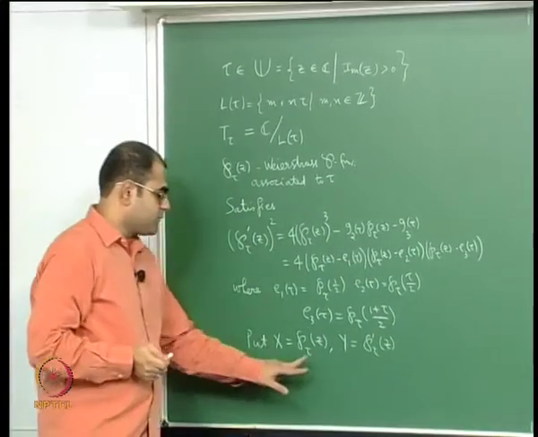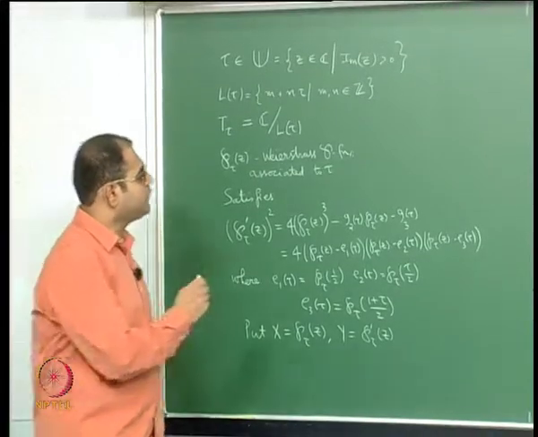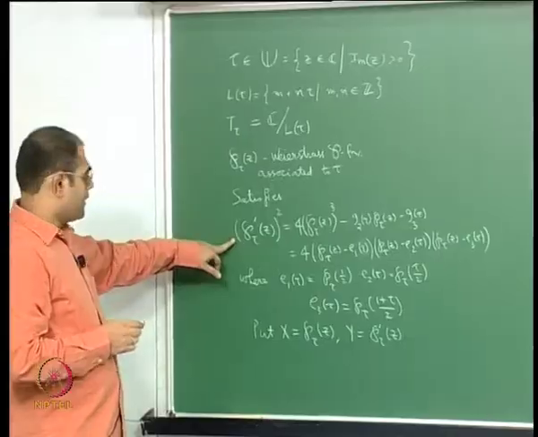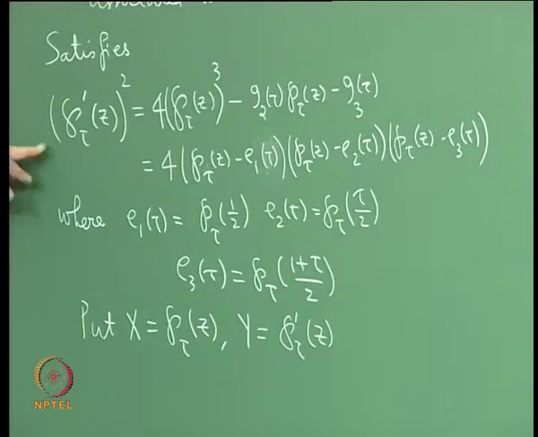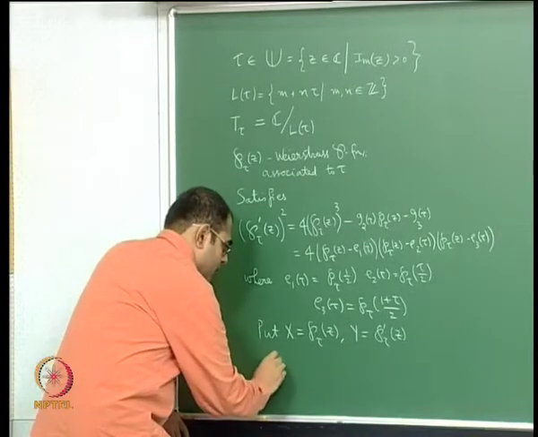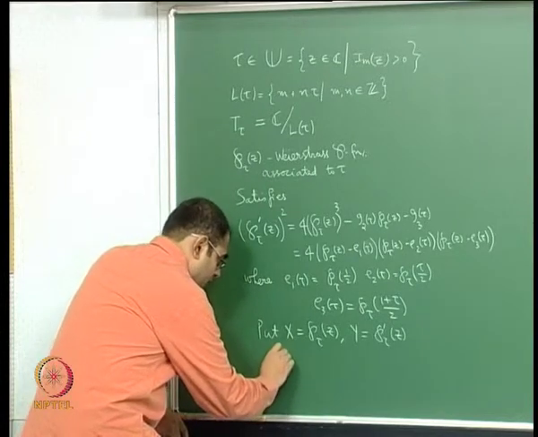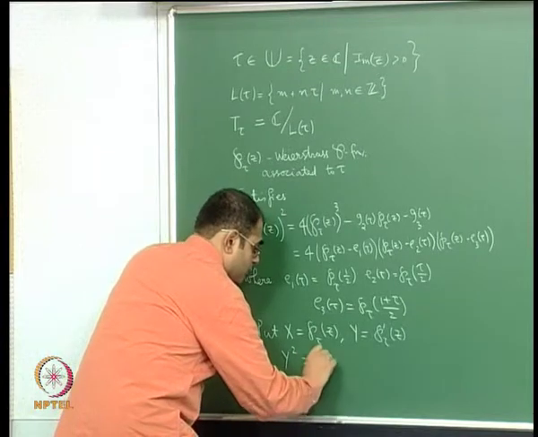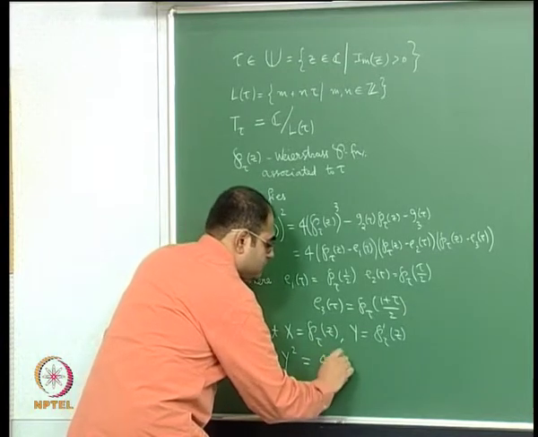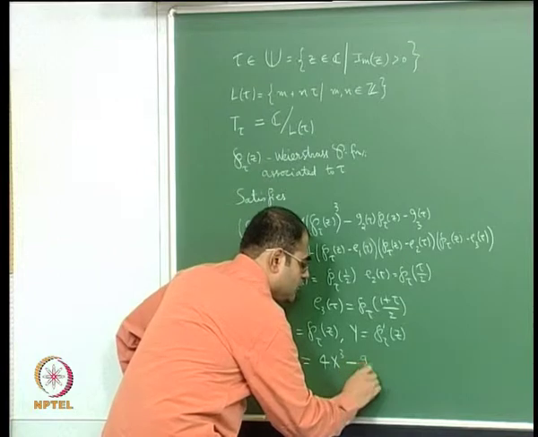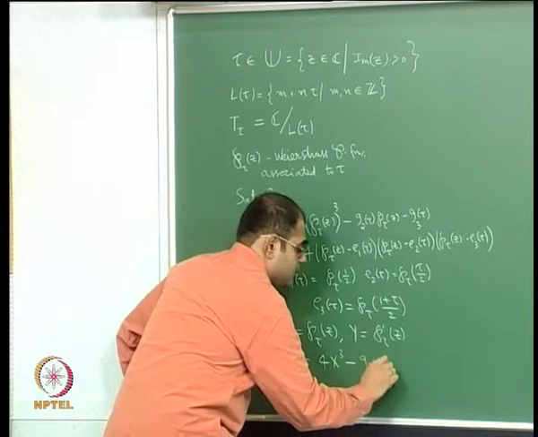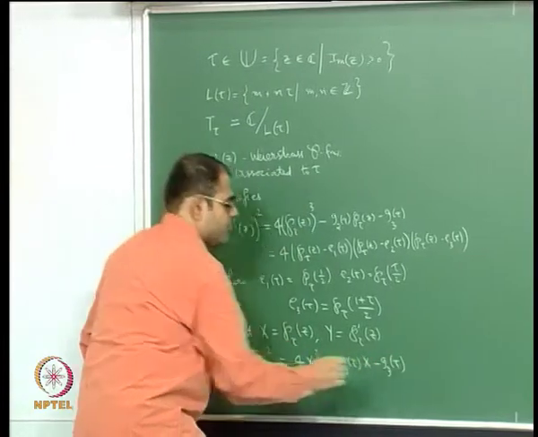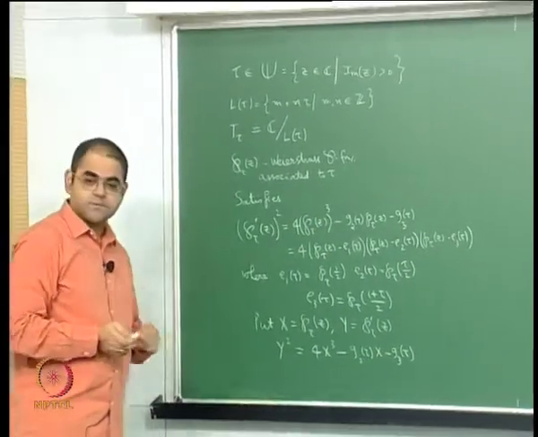We will set these two variables, and if you rewrite this equation, you get a polynomial equation, an algebraic equation. You get y squared is equal to 4 x cube minus g2 tau x minus g3 tau, okay.